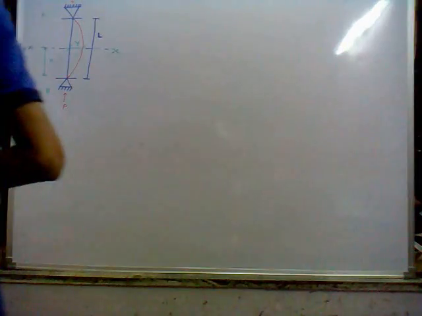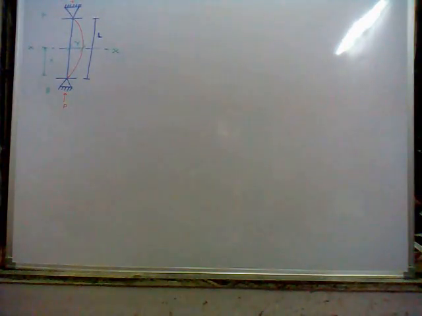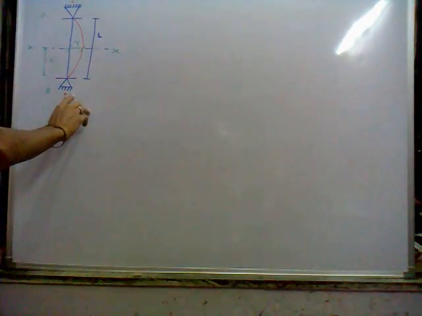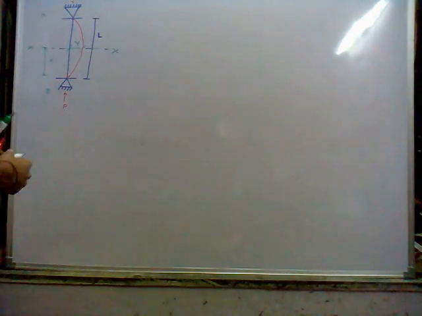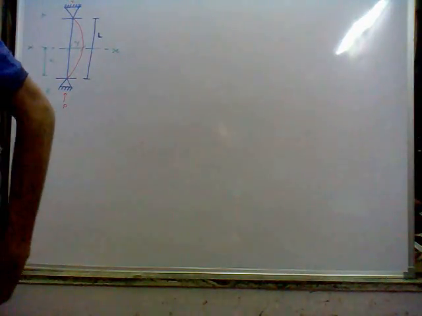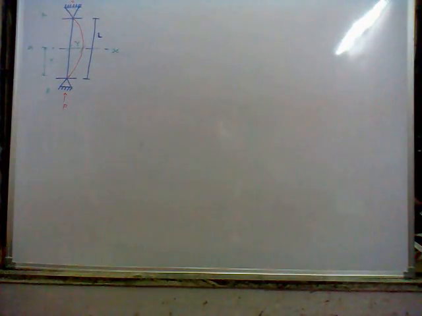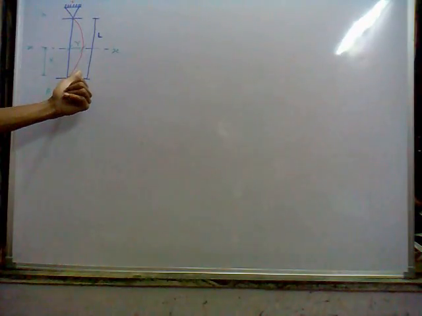This is the diagrammatical representation of the column where both ends are hinged. Whenever you solve this derivation, write: consider a column of length AB which is hinged at A and B, subjected to load P. Due to application of load P, the column is deflected as shown in the figure.